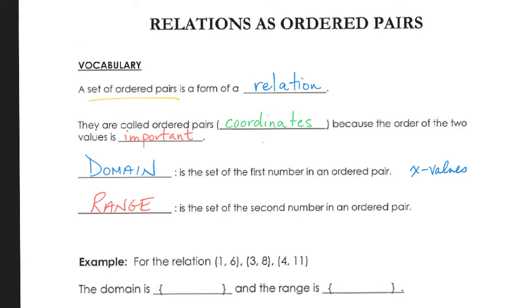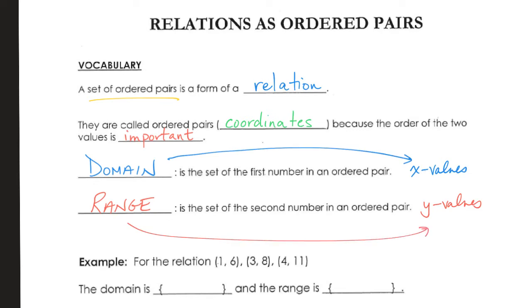If you think domain means x's, that's a pretty good idea to have in your head. Alternatively, range is the set of the second number of an ordered pair, so range refers to our y values. And if we put that idea in our head, I think we're doing well.